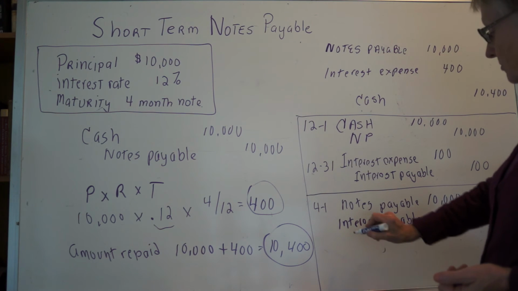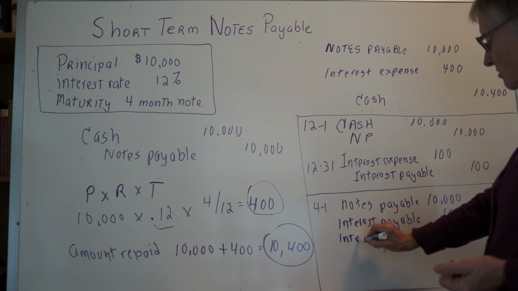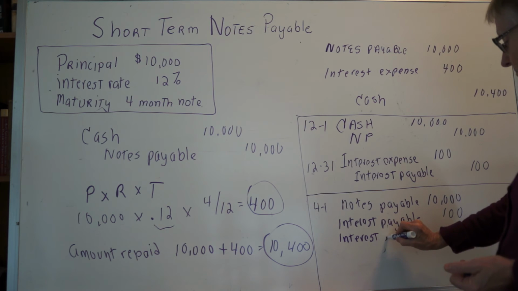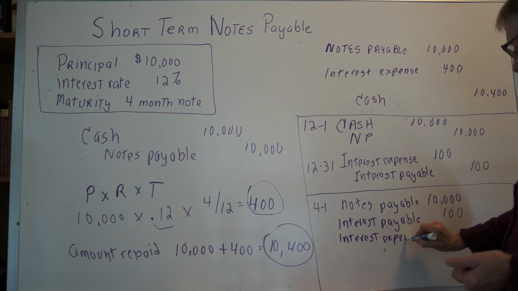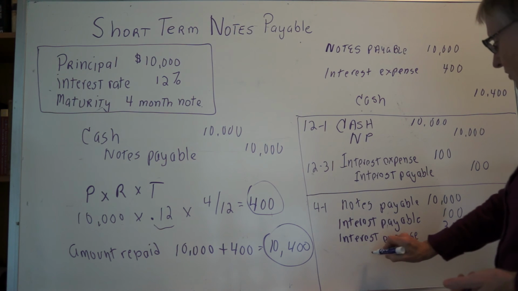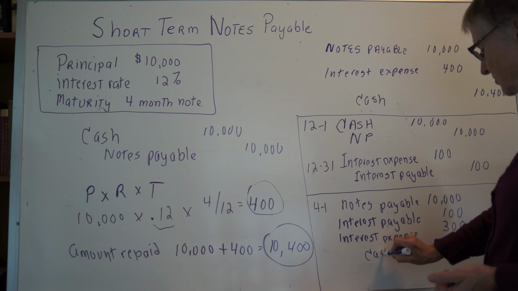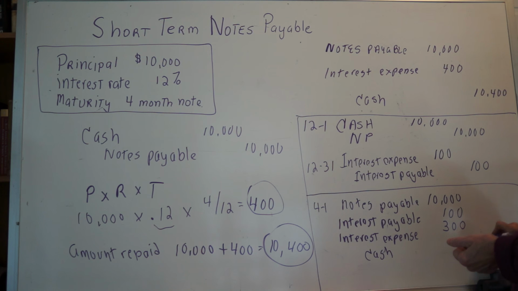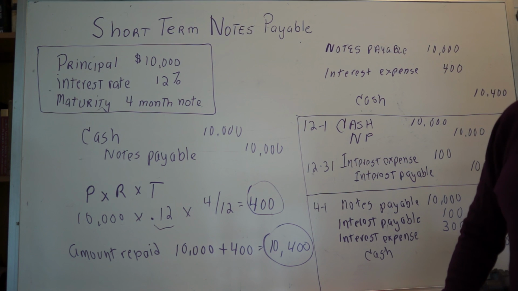But we're also going to book the interest expense for the current year, which would be the other $300, and then we write our check to pay off the note for the same $10,400. Okay, so that's your basic way your short-term notes payable work.